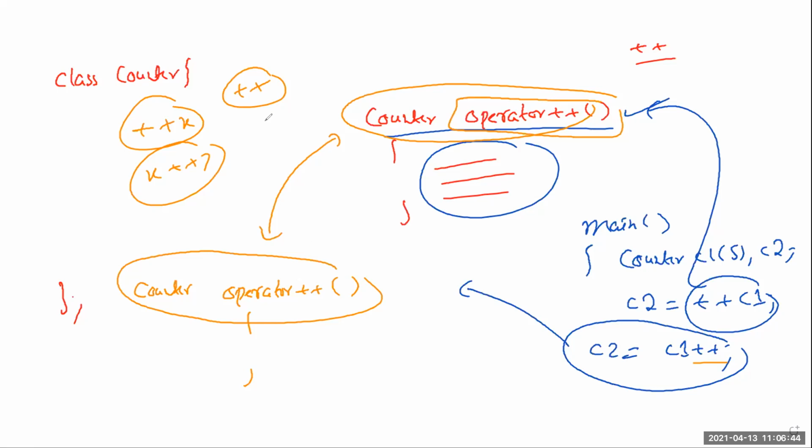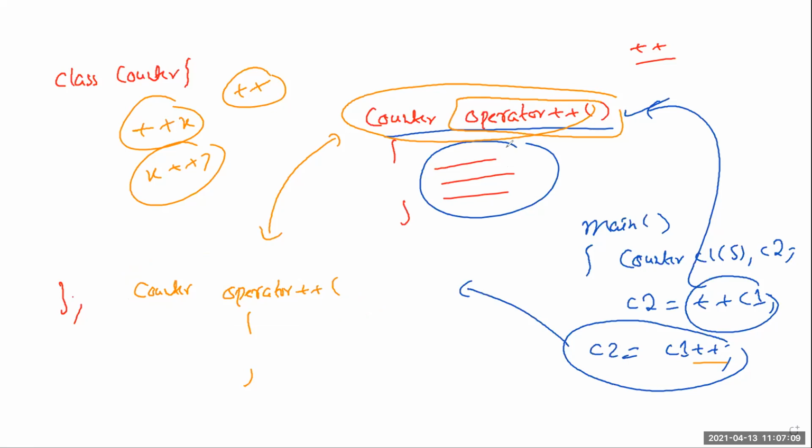So whether the symbol comes before x or after x, I will have the same function name, and this will cause a problem because you cannot have two functions with exactly the same name in the same class. A solution to this problem is, maybe you won't like it much, but that's the way it is: for the prefix version we keep it as it is, right?